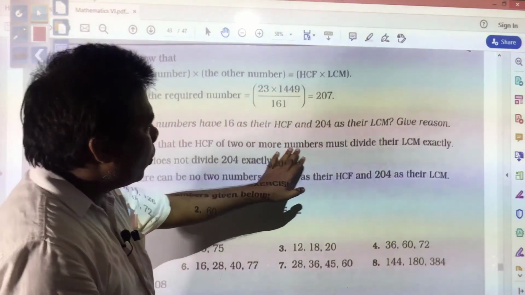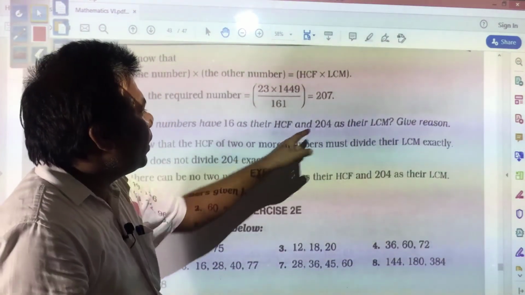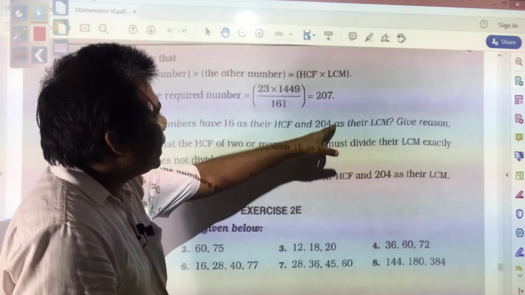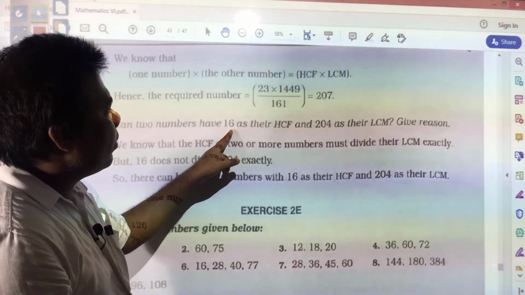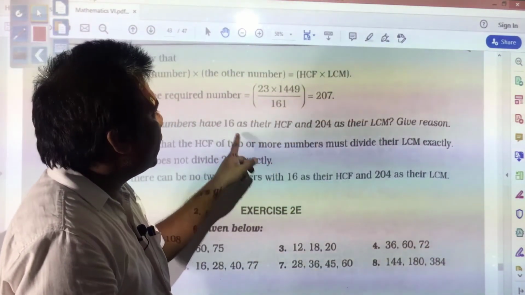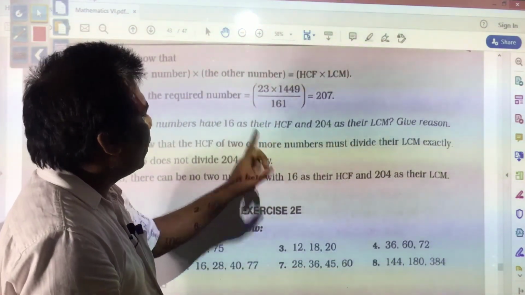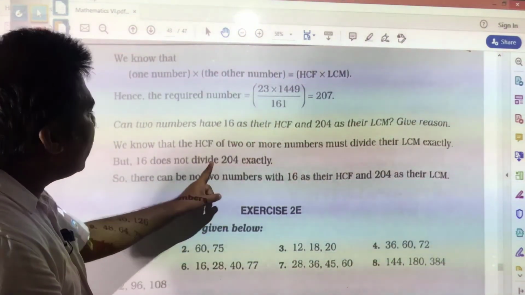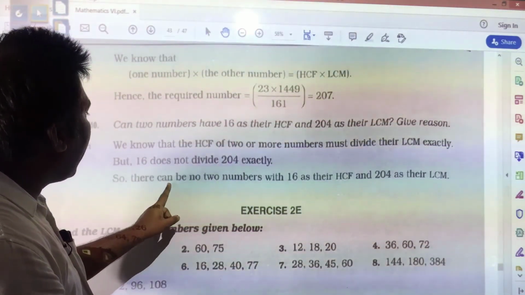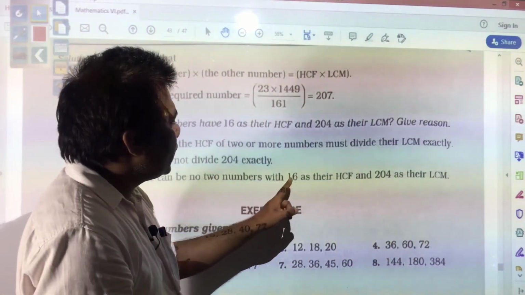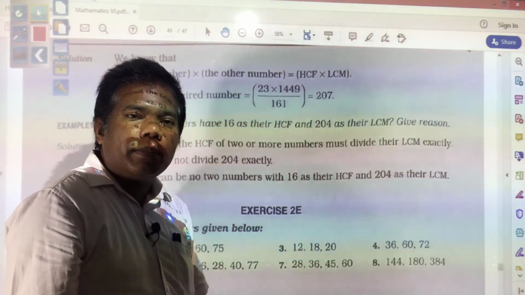So, if LCM and HCF have been given, then this LCM must be divisible by this HCF. You divide this and check whether it is divisible or not. If it is divisible, then that is possible, otherwise not. So, 16 does not divide 204 exactly, and so there can be no two numbers with 16 as their HCF and 204 as their LCM.